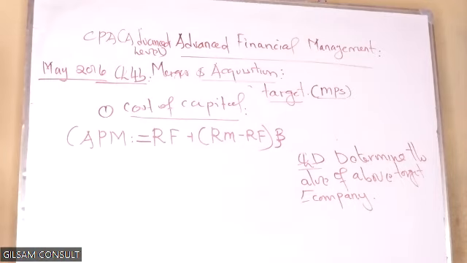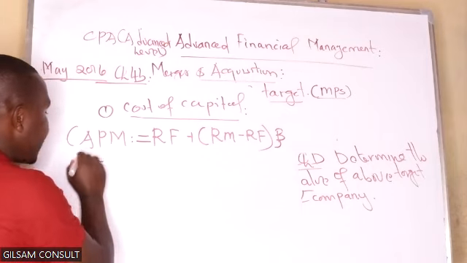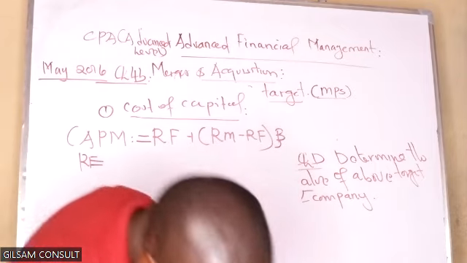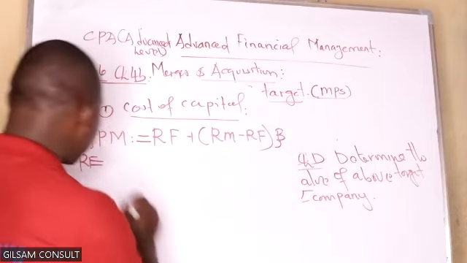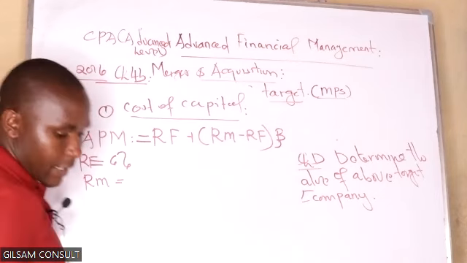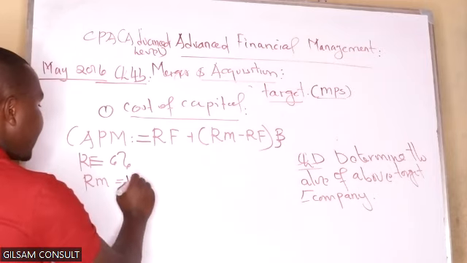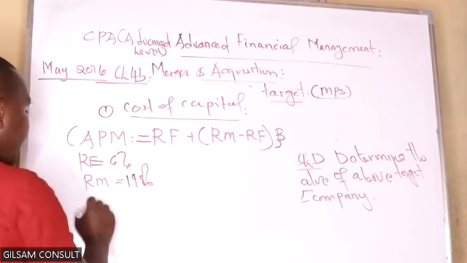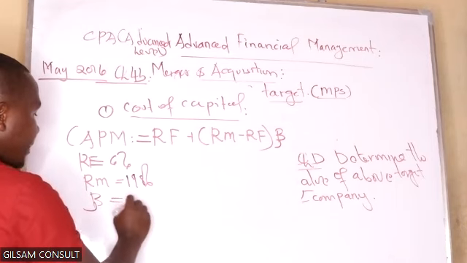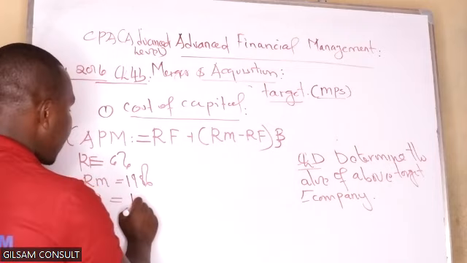If you check the question, the risk-free rate is 6%, the return on the market portfolio is 11%, and the beta factor is 1.6.